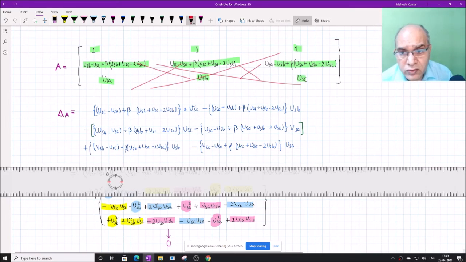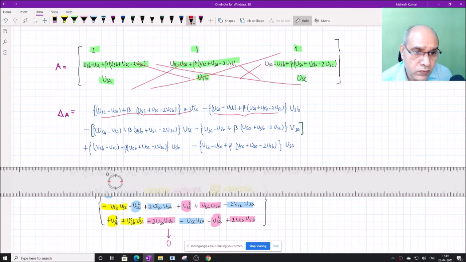Delta A equals the whole term into VSC minus this term into VSB. The second has a minus sign, again this into this, so this term into VSC and VSA into this one. And the last one is again this into this, so VSB here and VSA here.